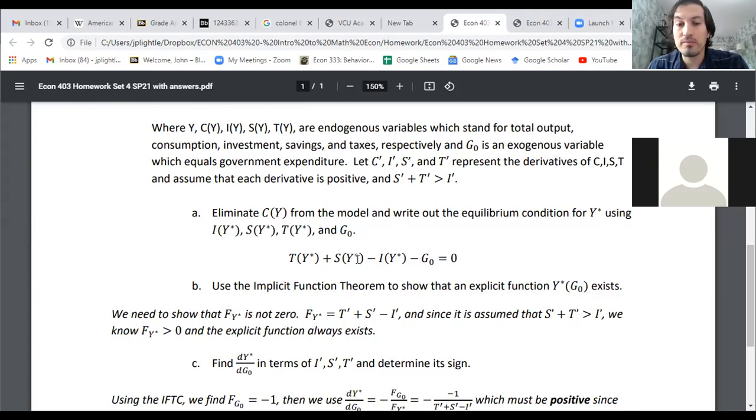That's really all you have to go by. You have to take the derivative of that with respect to y star.